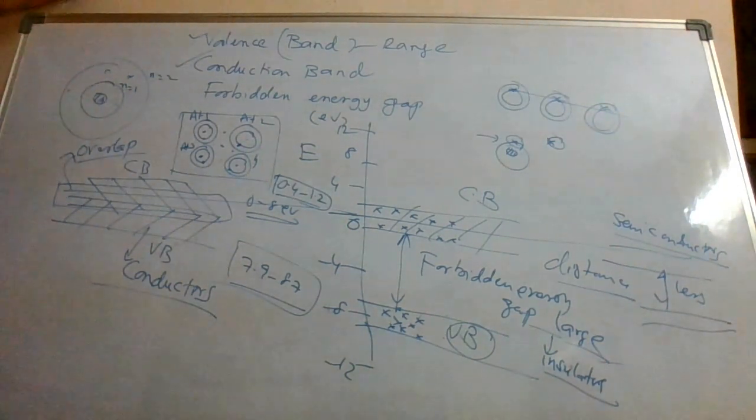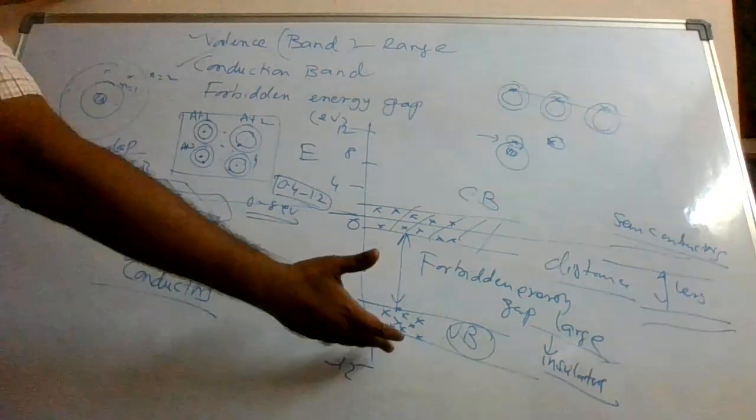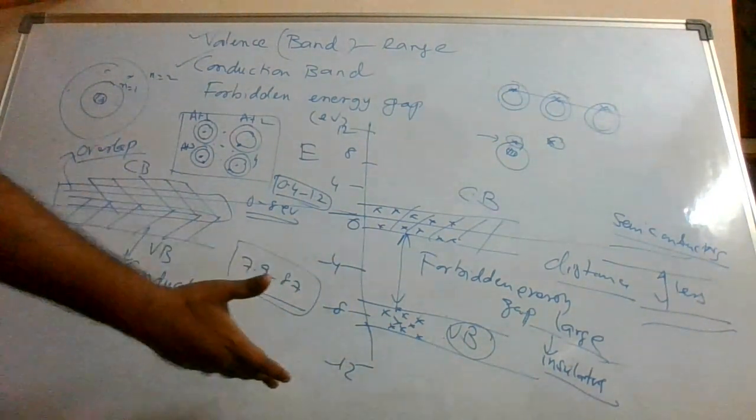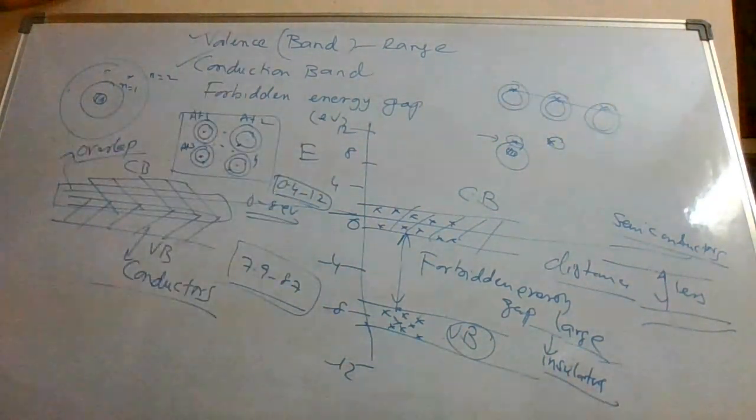When plastic is there, even then you will not get free electrons. If you want to make an electric heater, will you make it with rubber, plastic, or iron? Iron is a good conductor. So that decides which material we have to choose for which purpose.